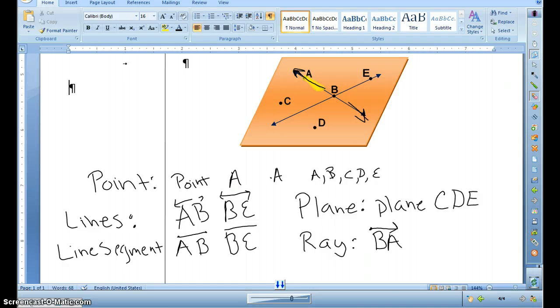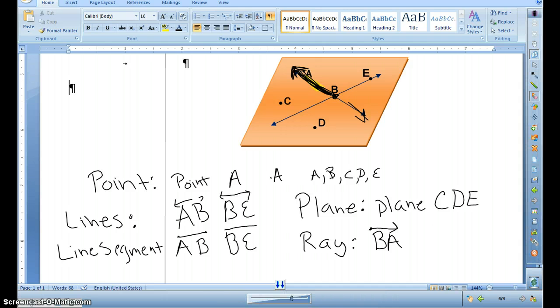So looking at our picture, I'm starting at the endpoint B and I'm continuing forever towards the A. So that's my ray. Okay? So that's why I have to write it BA, starting here and doing the arrow. You don't draw your arrow backwards the other direction. That is incorrect. Okay?